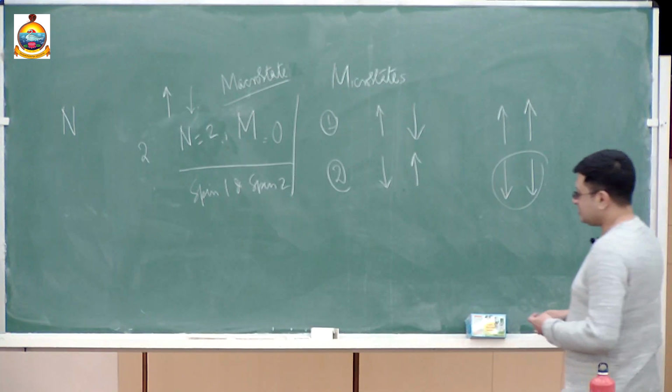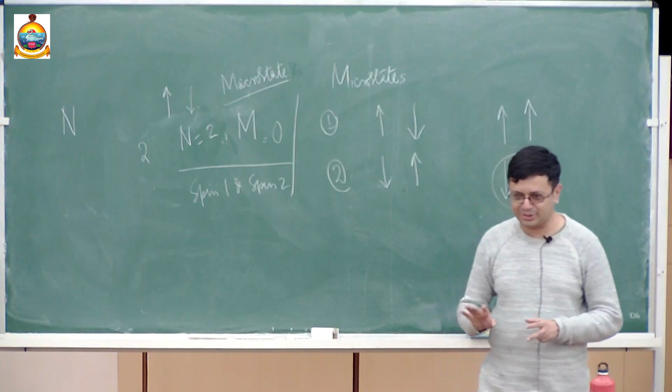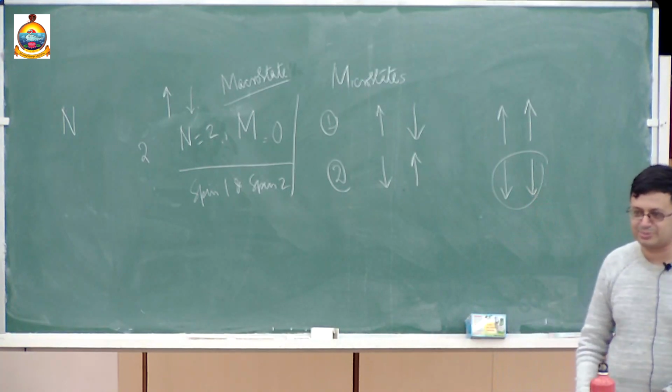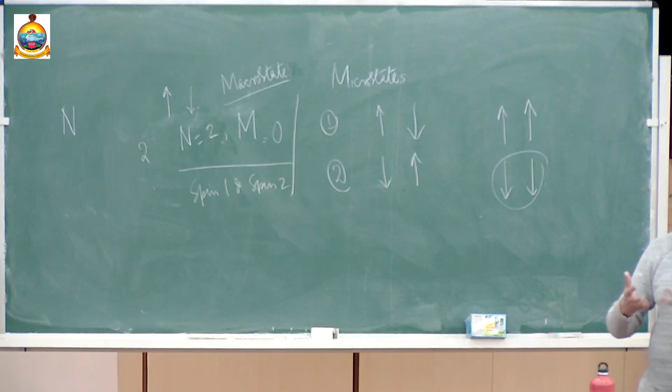But usually, this is my feeling: should one really invoke this concept of mental copies? A given macrostate corresponds to many microstates, and that's it. Many people have done that, but we will not.